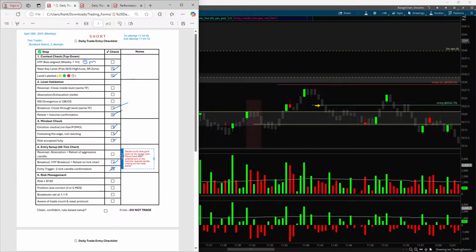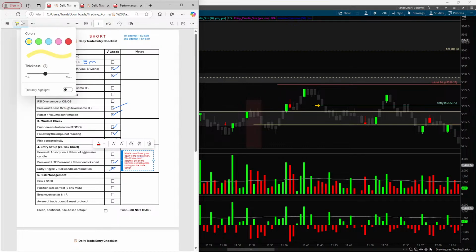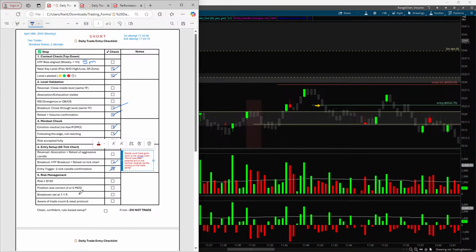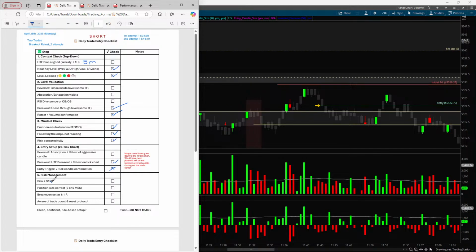Alright, so that was the trade here. Was I risking 150? No. I reduced my risk size to half of that, to about 75. I'm back, and I don't want to just go full throttle.